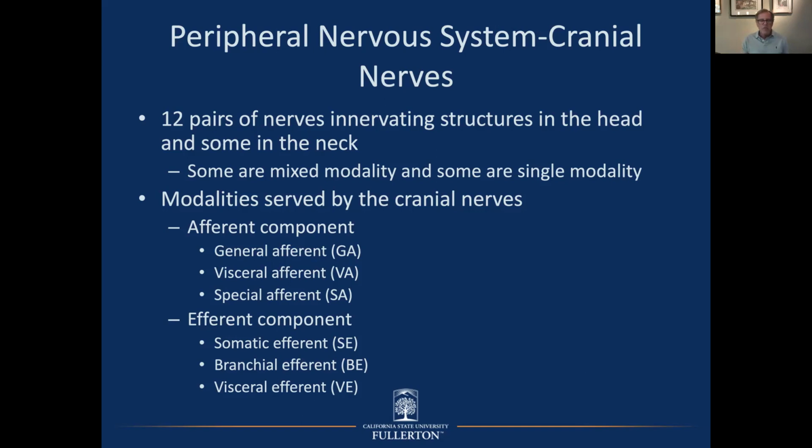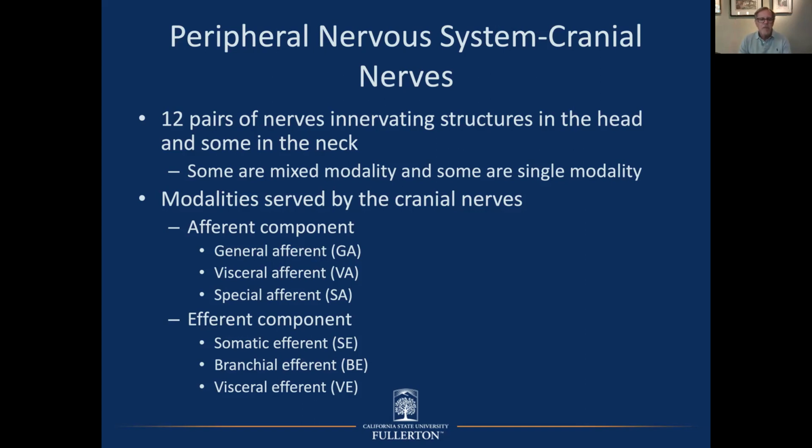We'll look in a great deal more detail there. So the origin of the distinction comes from embryology, but anatomically there really is a distinction. When you look at the brainstem, all the branchial efferent neurons come from an area of the brainstem that is in a line. The somatic efferent come from a different line.